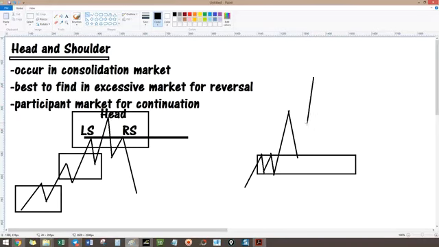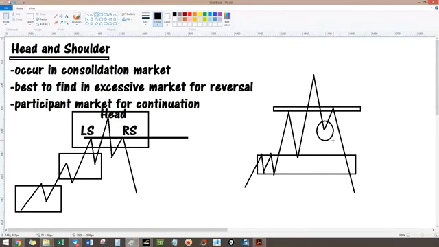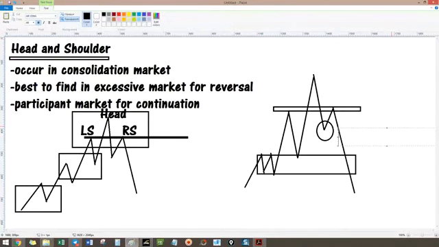And then we go up. And then it goes something like this, and like this. Right, so it does not engulf anything. Over here, no engulf. The difference between head and shoulder and QM, I will show you.